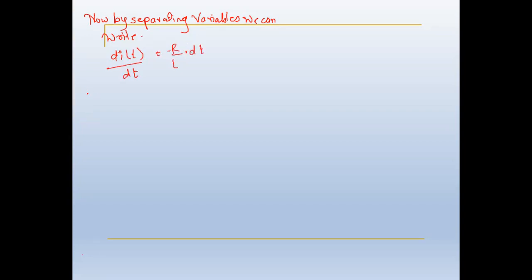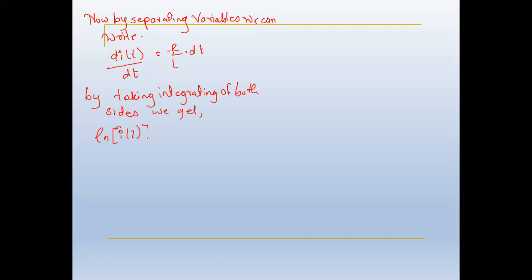Taking integration of both sides, with respect to the corresponding variables, we get log of I of t, which is equal to minus R by L into t plus k. Here k is the constant of integration.